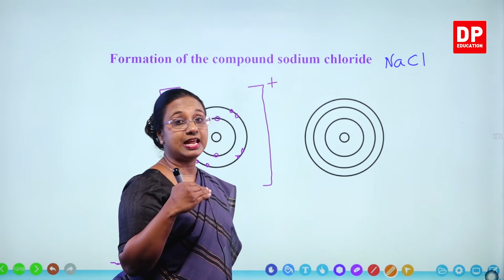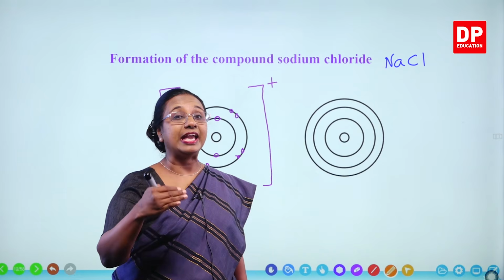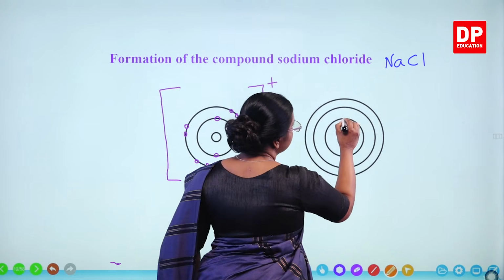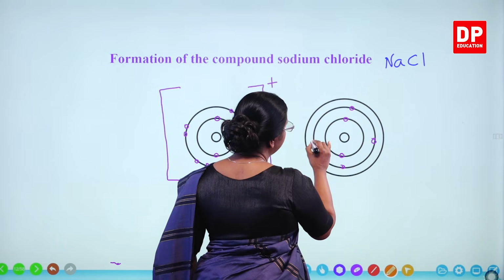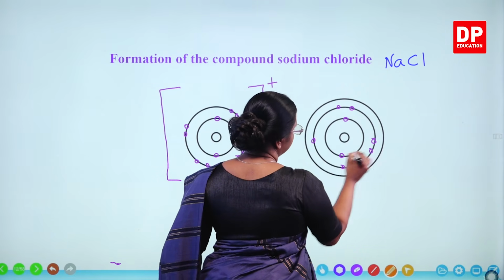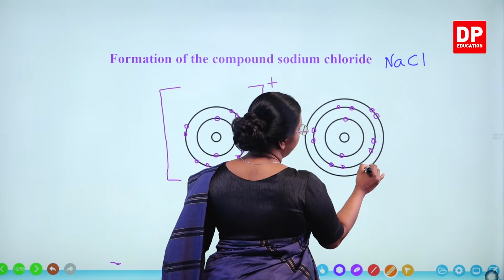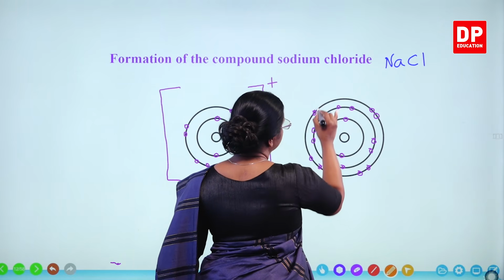The same way we have the chloride ion here. It gained an electron. So, it got the electronic configuration 2, 8, 8 because 18 electrons. So, 2, then we need to have 8 electrons here, 8, and in the valence shell also there are 8.